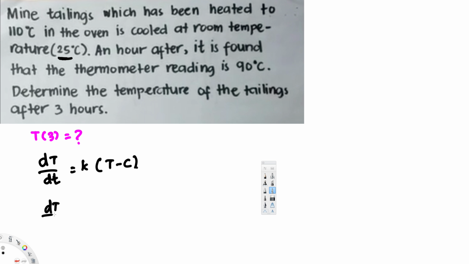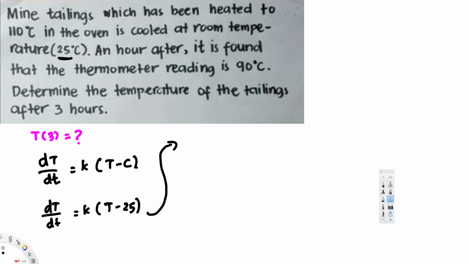So dT/dt is equal to k times (T minus 25), and from this one you can see this is a separable equation, so we can separate and integrate and derive a new equation. From this one, let's bring the like terms together. So dT over (T minus 25), and on the other side we are going to have k dt.